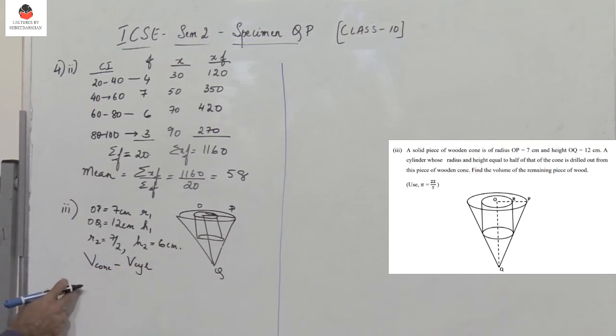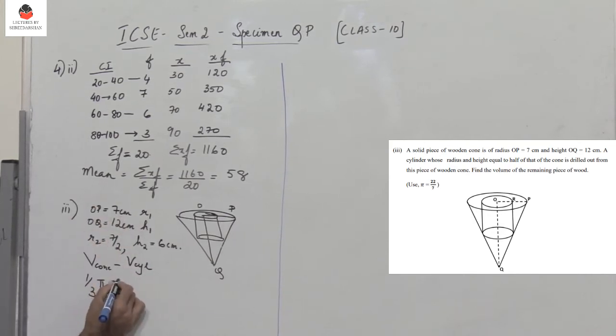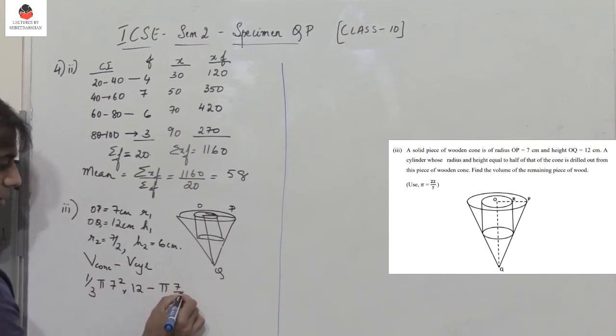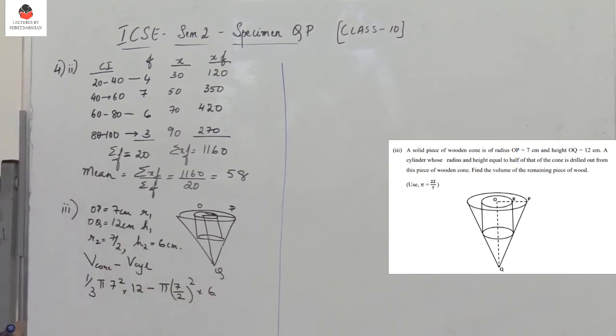So what is volume of cone? It is 1 by 3 pi R1 square, which is 7 square into H1, 12, minus that of cylinder. It is pi R2 square, 7 by 2 the whole square into 6, right? So 3 4s are 12. So here I have pi into 7 square.